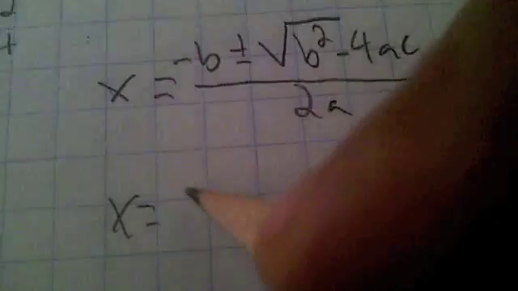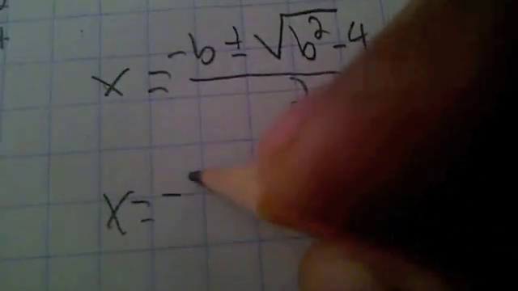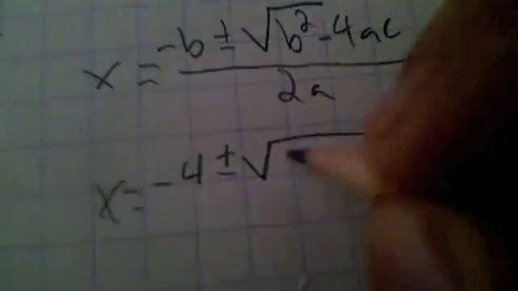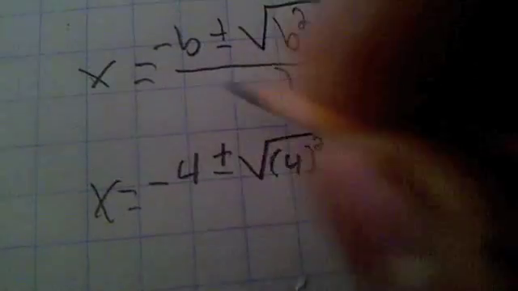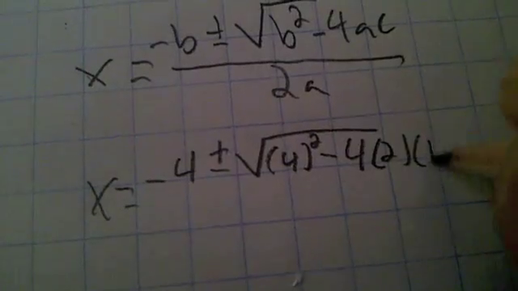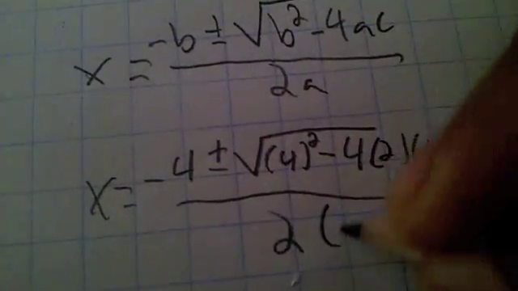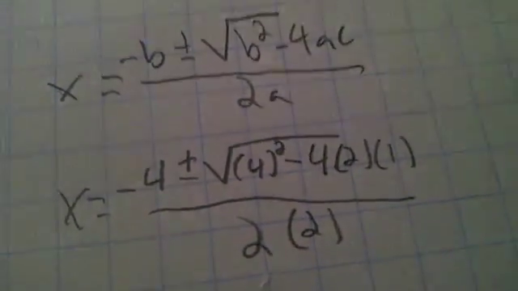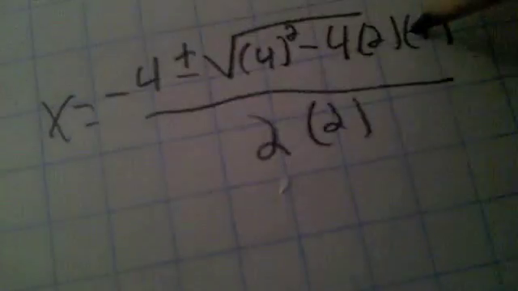Now substitute the values into the formula, which is gonna be like this: x equals negative 4 plus or minus the square root of 4 squared minus 4 times 2 times negative 1, all this divided by 2 times 2. Okay? You got it? Wait, I made a mistake. There's a minus 1 right here.